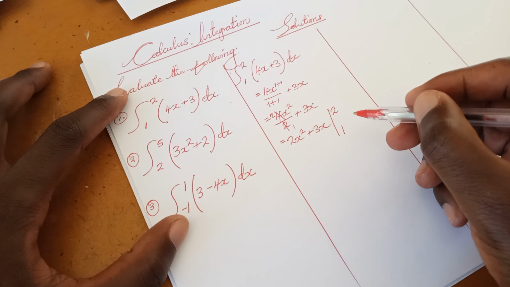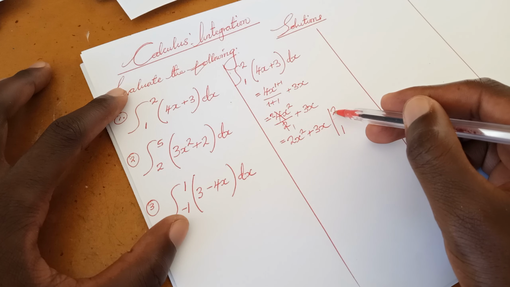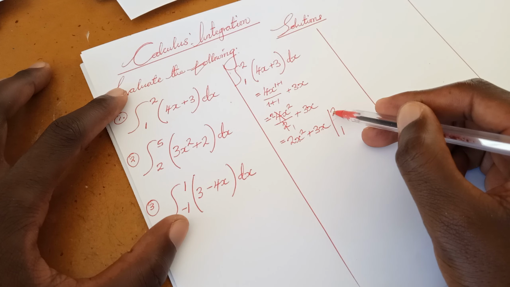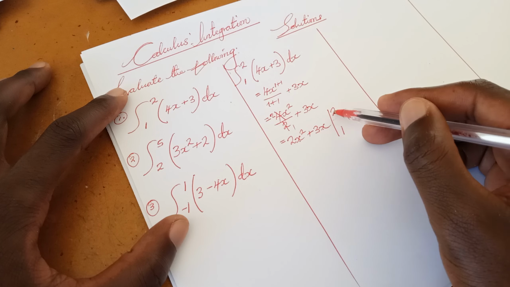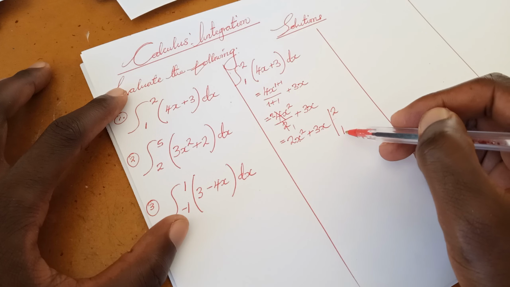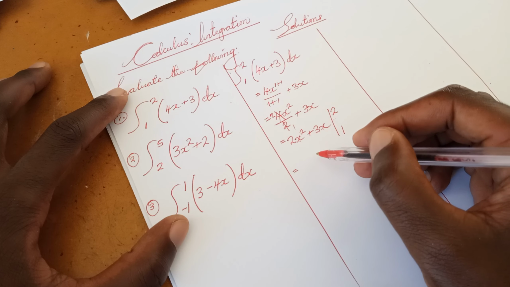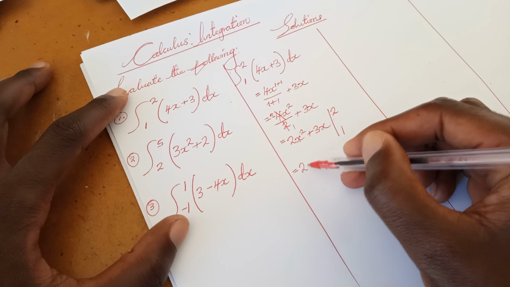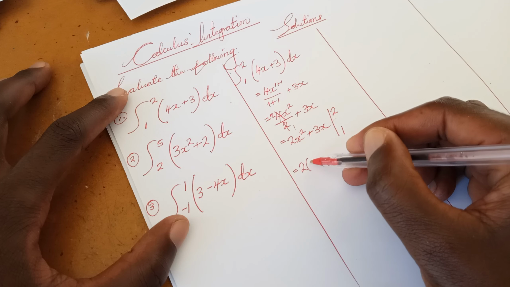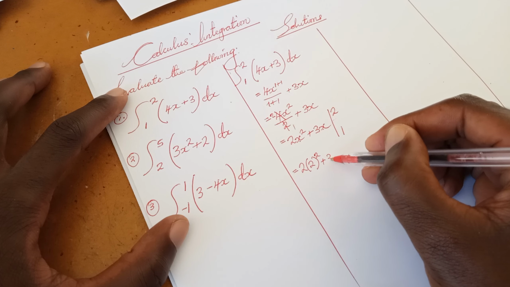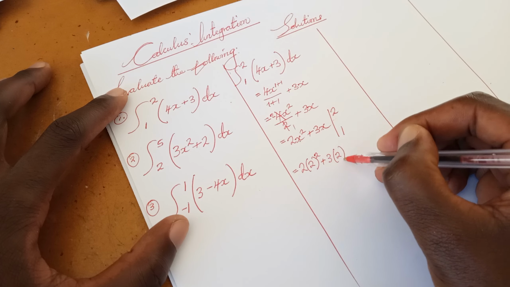Now when you reach this point, where there is x, you replace 2, and then minus, again where there is x, you replace 1. So what we mean is this. You're going to say 2, where there is x we put 2, power of 2, plus 3, where there is x we put 2.